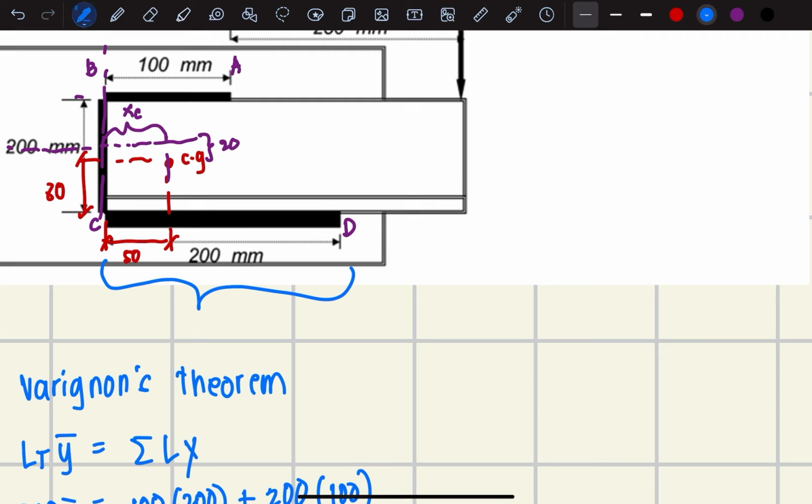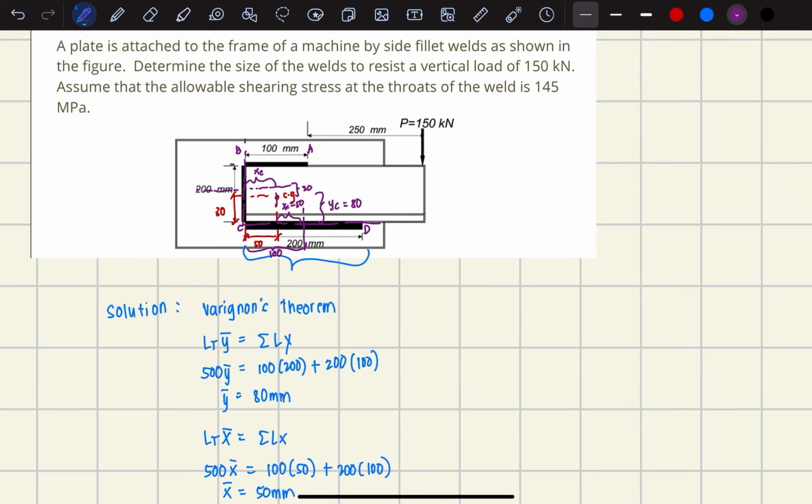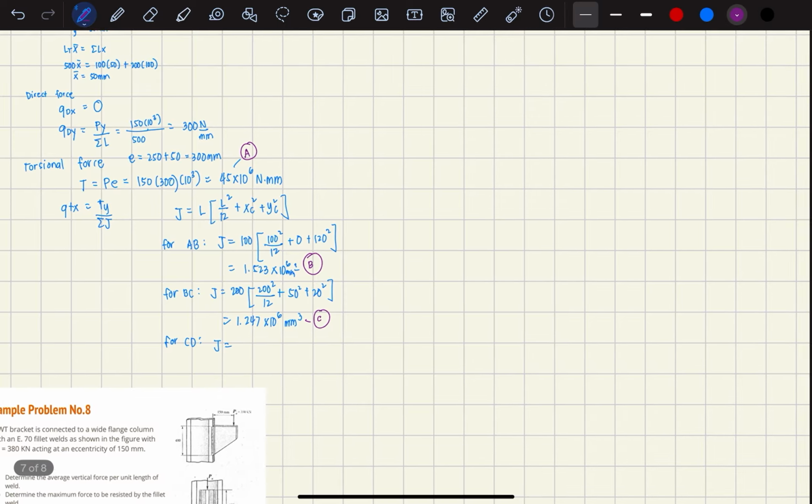So, ito naman class yung centroid ng segment CD. Nandito. So, yung x sub c niya is ito. Di ba yung kalahati ng 200 is 100. So, 100 minus 50. So, x sub c is 50. While yung y sub c naman ng segment CD is 80. So, 50, 80.